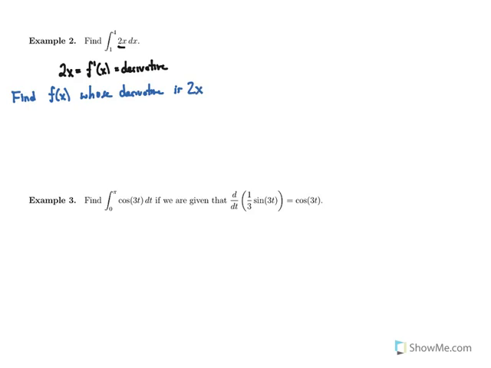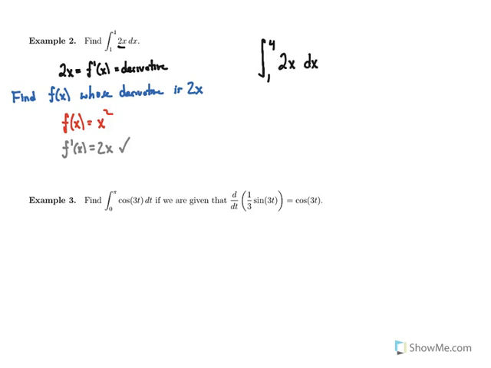This is going backwards through the derivative process. And after some thought, you may find that a function f of x equals x squared does the trick. If you think about x squared, you take the derivative f prime and you get 2x, and that's what we want.